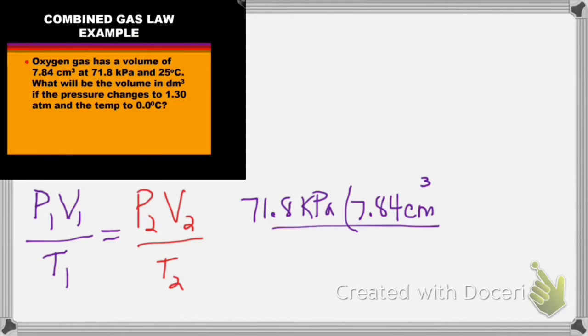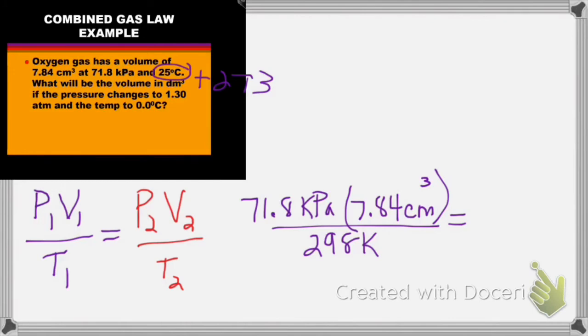And a reminder, we need T1 in Kelvin, so we're going to have 25 plus 273, and that's going to give us 298 Kelvin. And we're going to set that equal to our values for the second set of conditions.